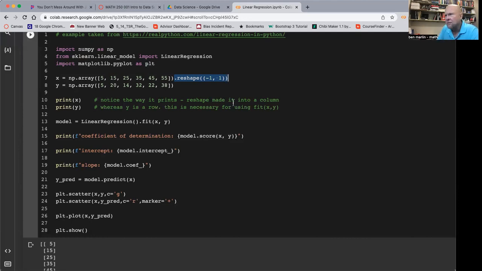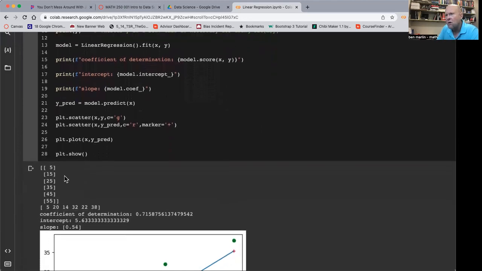As we'll see when we come down here and have it print out X and Y, Y is just a row array, but the X array here, it wants it to instead be a column. And the way it represents that is to make each row its own little array of one thing in it. Okay.